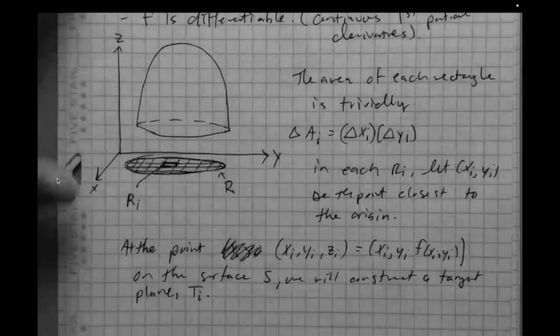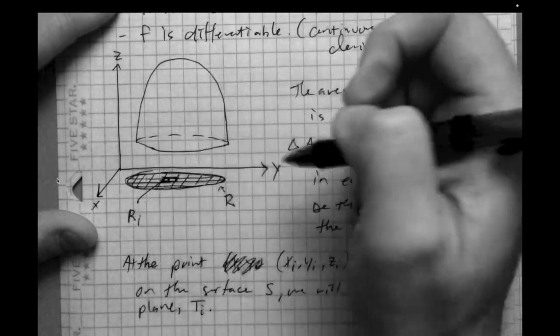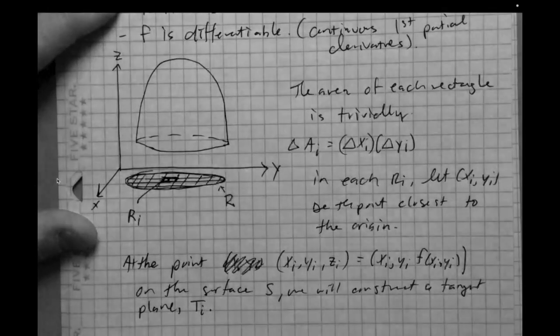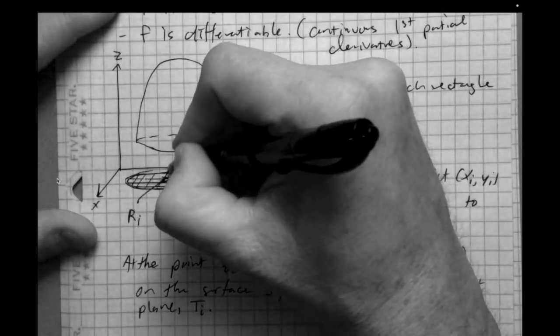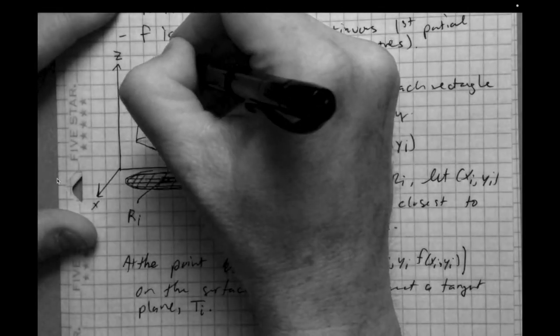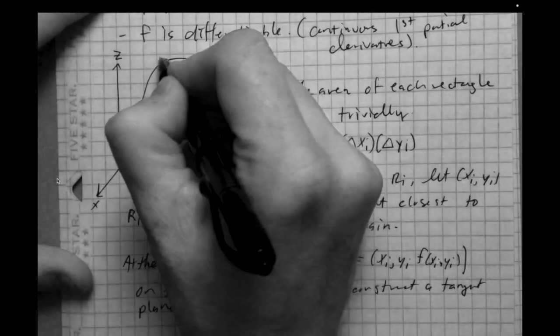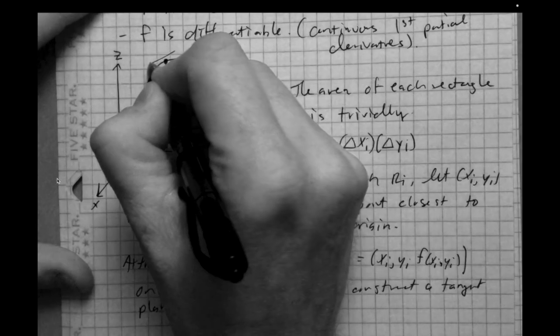So what are we talking about here? Let's come back into our drawing. I've got some point in Ri, and if I think about where that point goes up to the surface, it's going to be right here, we'll say. At that point on the surface, I want to create a tangent plane.